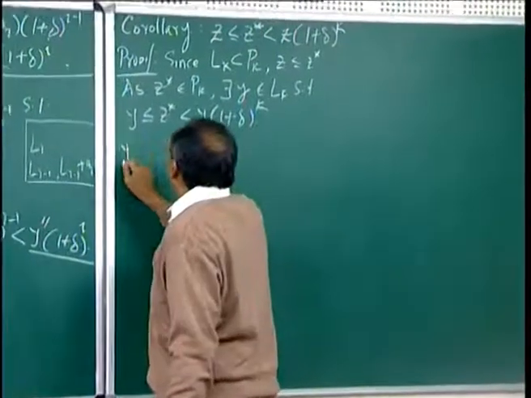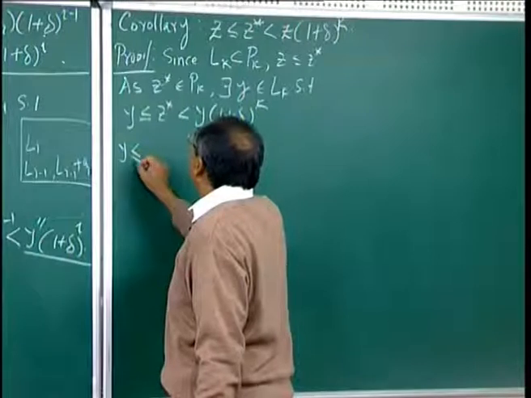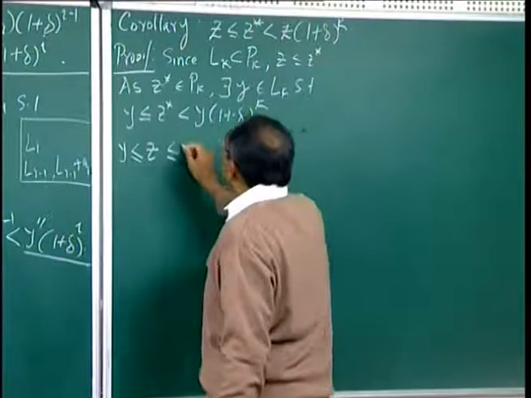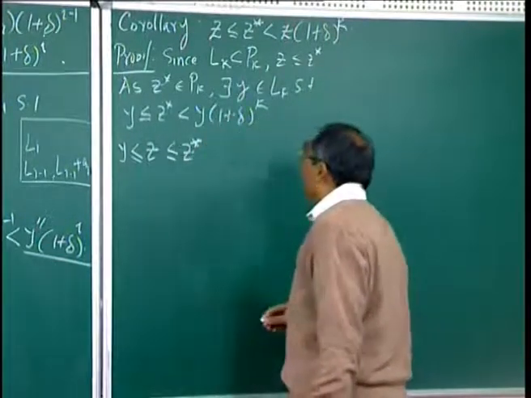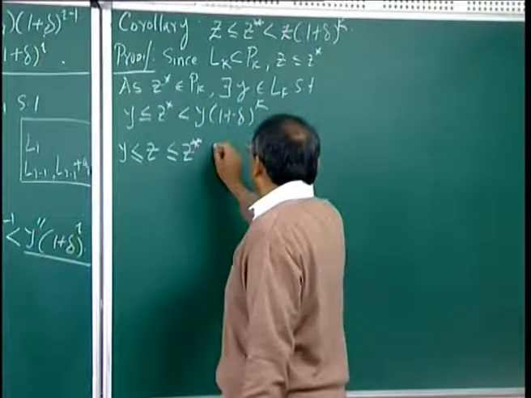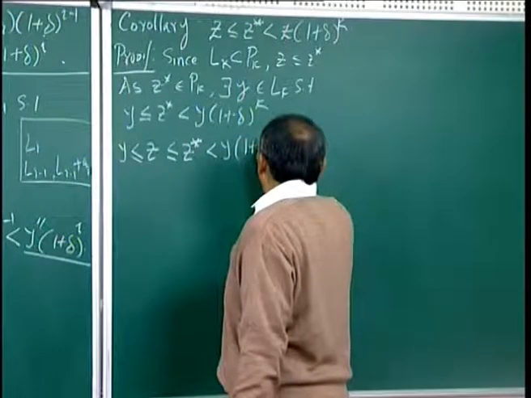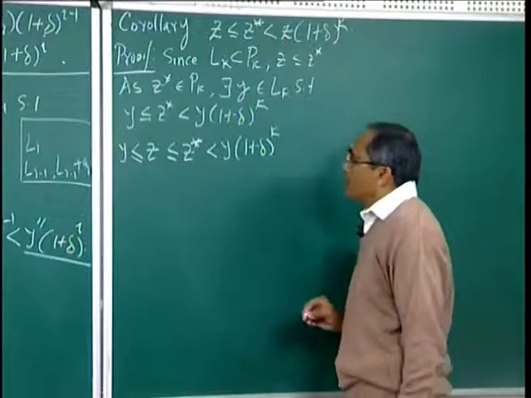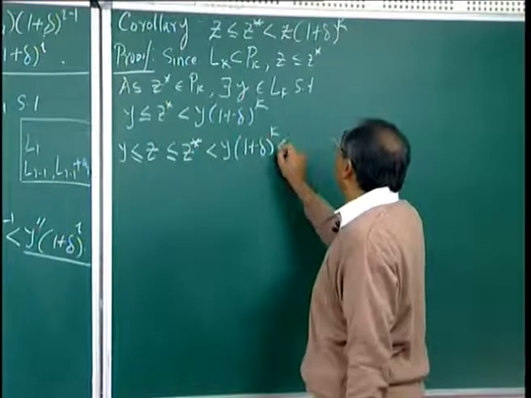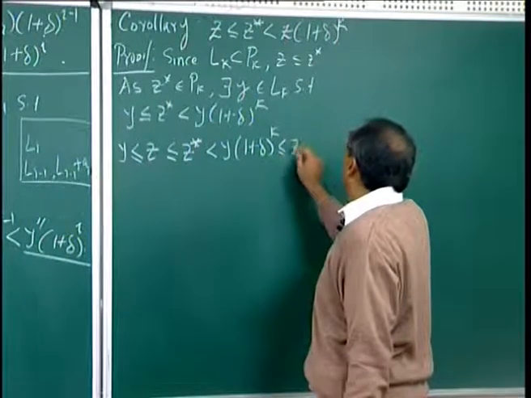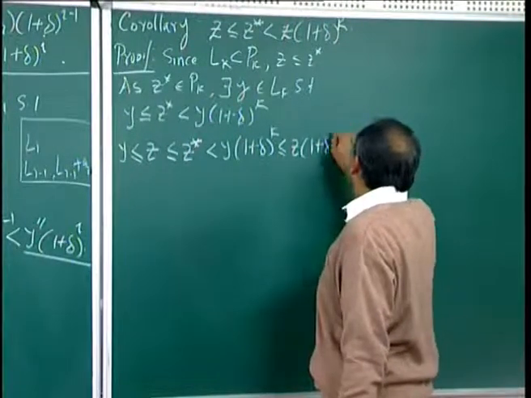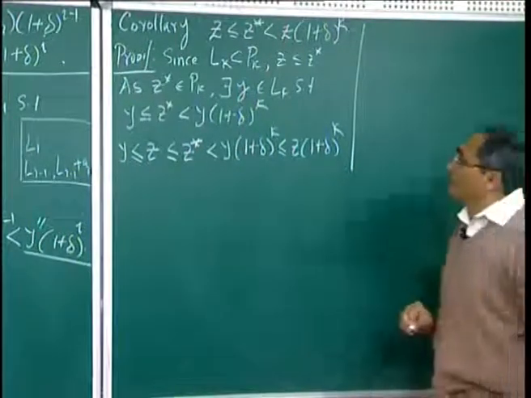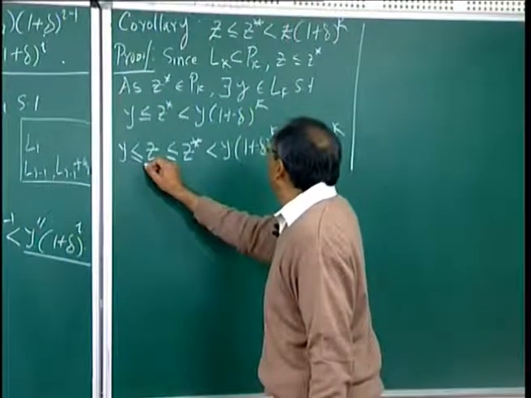So, we have y less than or equal to Z. We already have argued Z is less than or equal to Z star, that is less than or equal to y times 1 plus delta power k, and again y is less than or equal to Z. This inequality says that it is Z times 1 plus delta power k. So, this establishes what we wanted to prove.